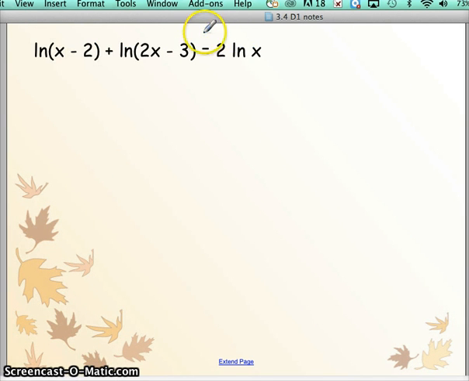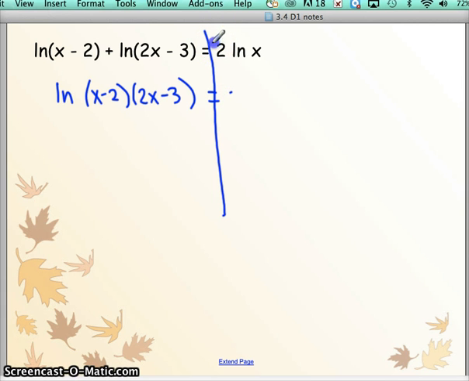Okay, this one, very similar. I have logs multiple times on one side of the equation, so I'm going to condense them down. Addition condenses into multiplication. I'm going to have natural log written just once, and then I'm going to multiply the x minus 2 times the 2x minus 3.